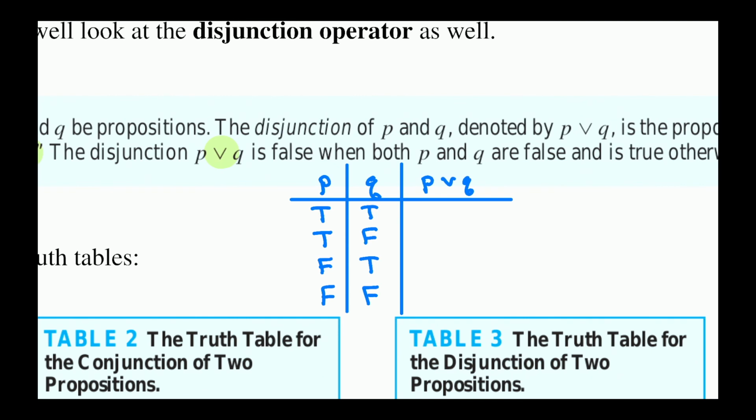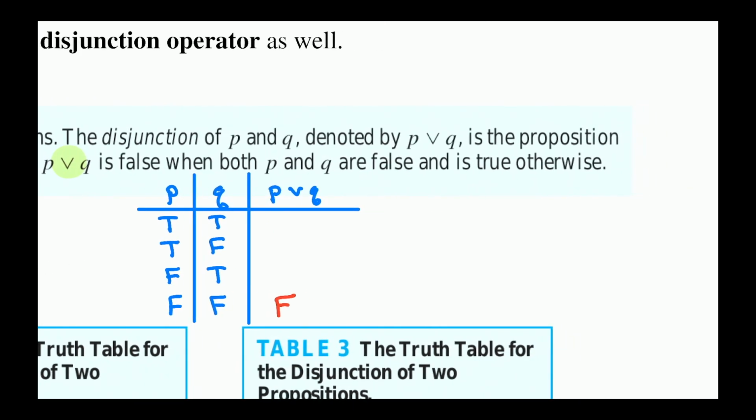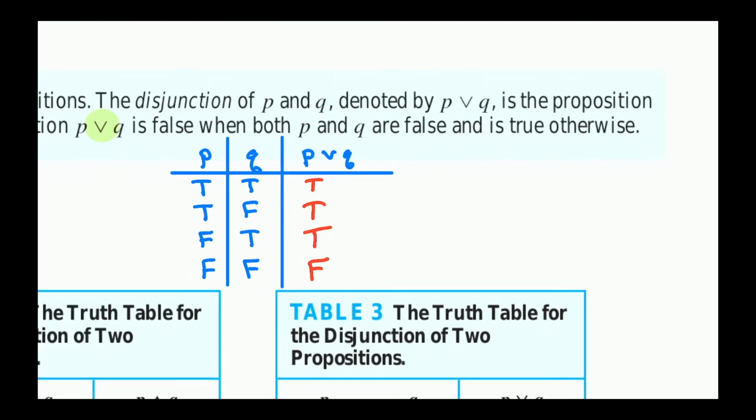That tells me to put a false right here. All right, now what else? True otherwise. So otherwise means all of the other options. So all of the other options should be true. True, true, true. So that's your truth table for or.